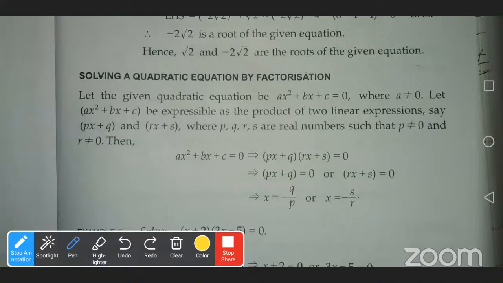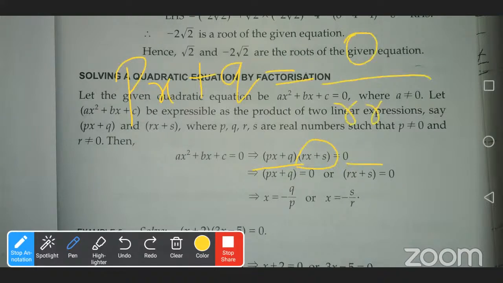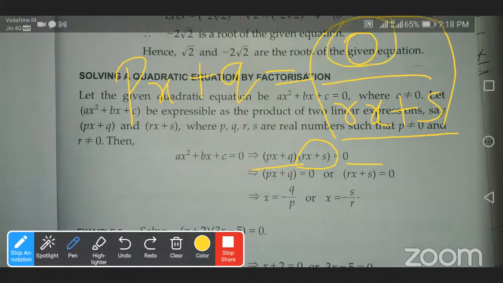How? Because if we put px plus q equals to 0, and bring this to the other side of 0, it will become 0 upon rx plus s. So the value of rx plus s will be 0 only, because if we divide by something with the dividend as 0, it will become 0 only.